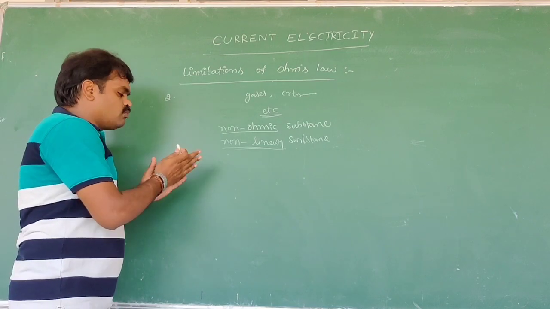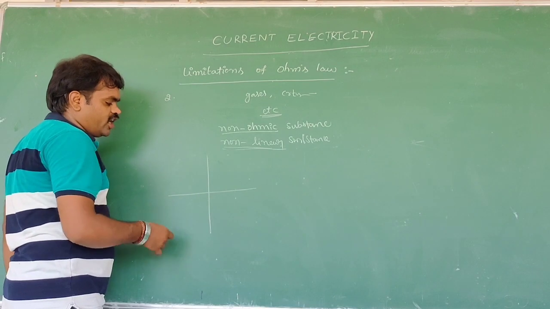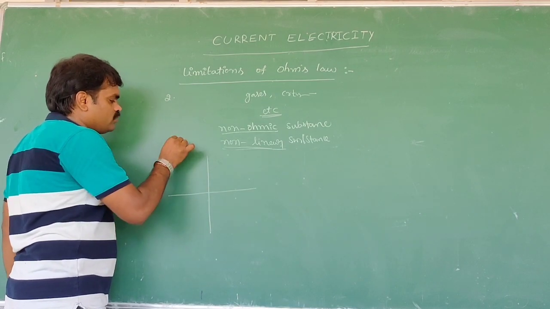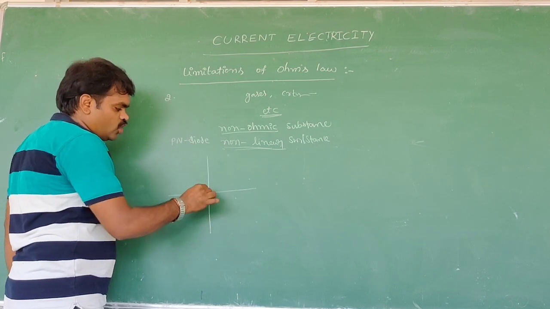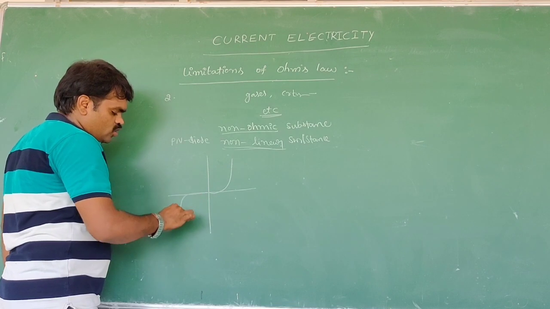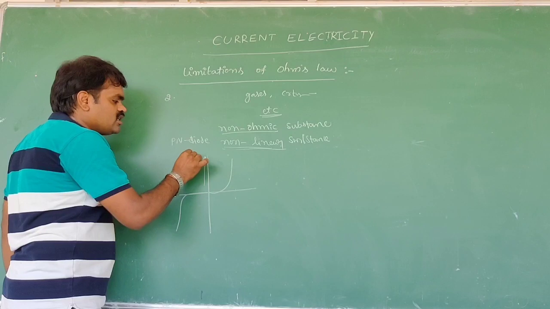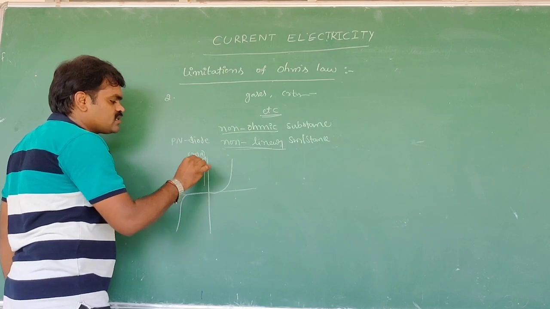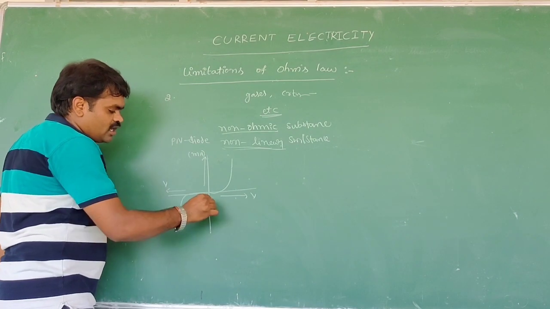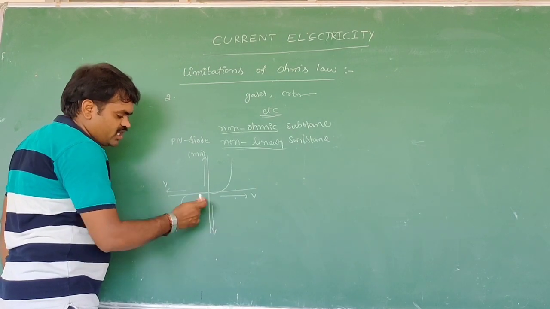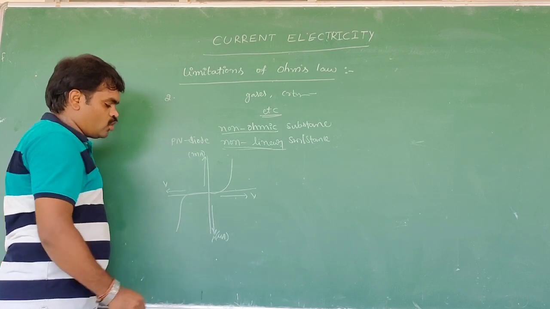Here we can see some graphs for diodes, for a semiconductor diode like the PN junction diode. In forward bias the current is in milliamps and the potential in volts, and in reverse bias the current is in microamperes.